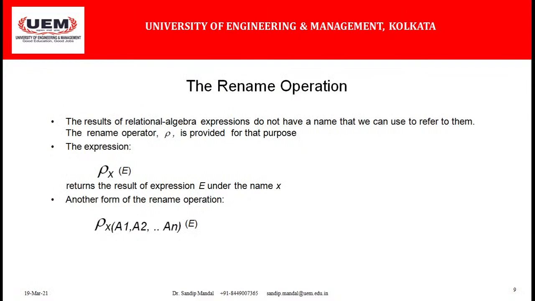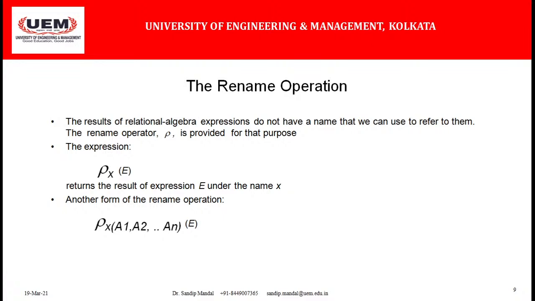Okay. So next is the rename operation. The rename operation is very important. Whenever you are using relational algebra and fetching the result expression, the result instance does not hold any kind of name.